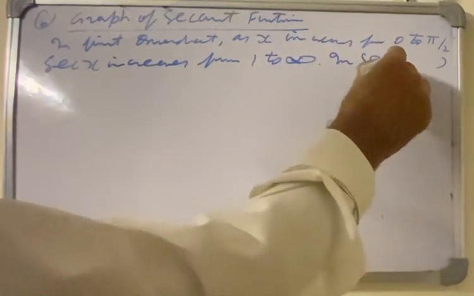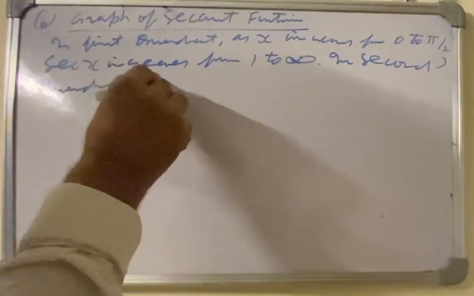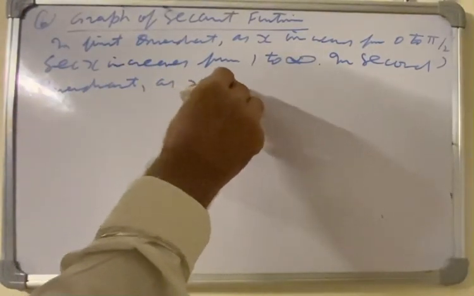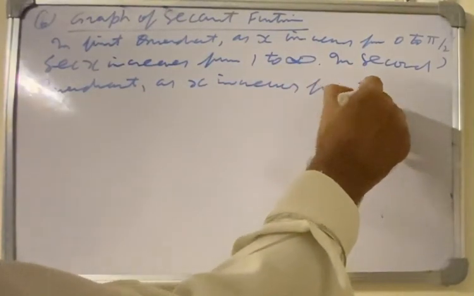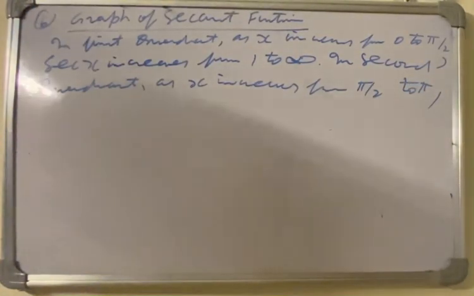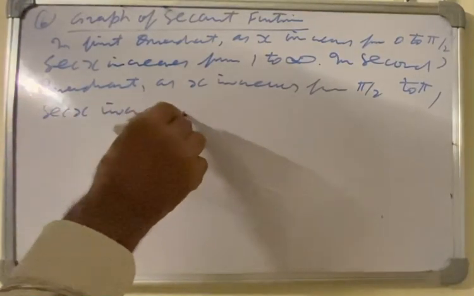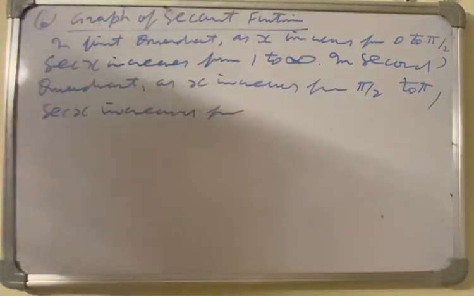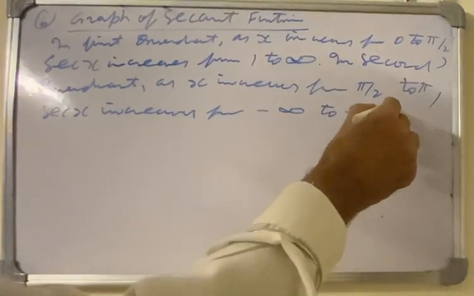In second quadrant, as x increases from pi by 2 to pi, then secant x increases from minus infinity to minus 1.